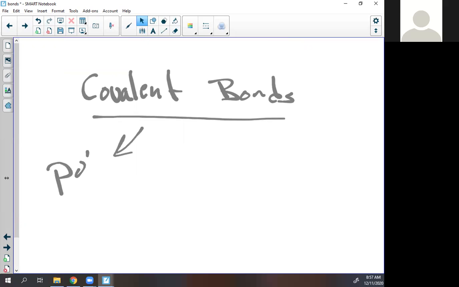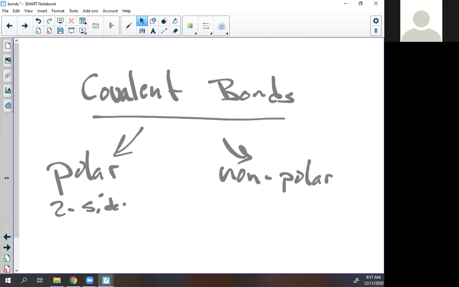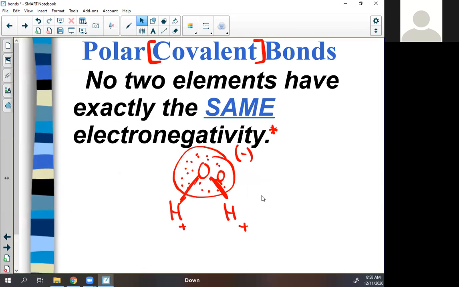They are called polar and non-polar. We'll talk about both. Polar essentially means 2-sided, and non-polar means not 2-sided. Think about the North and the South Pole on our planet. A polar bond has a plus and a minus half. Okay, so first is polar.